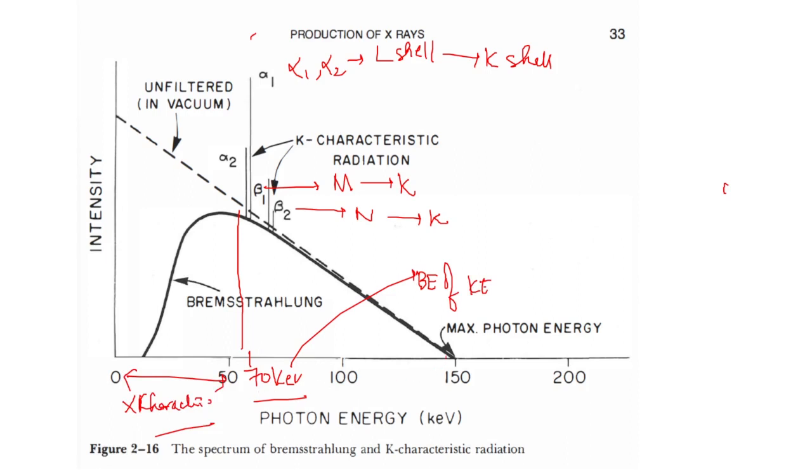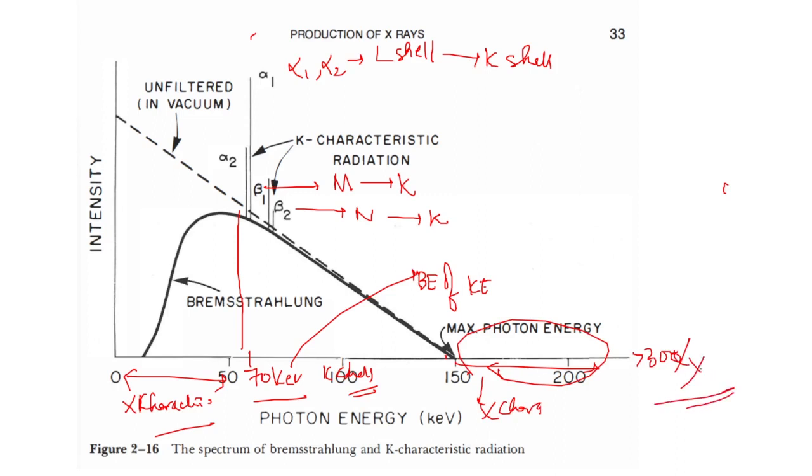Between 70 and 150 kilo electron volts, K shell characteristic radiation is seen. Above 150 kilo electron volts, no characteristic radiation is seen, and above 300 kilo electron volts, negligible characteristic radiation is seen.